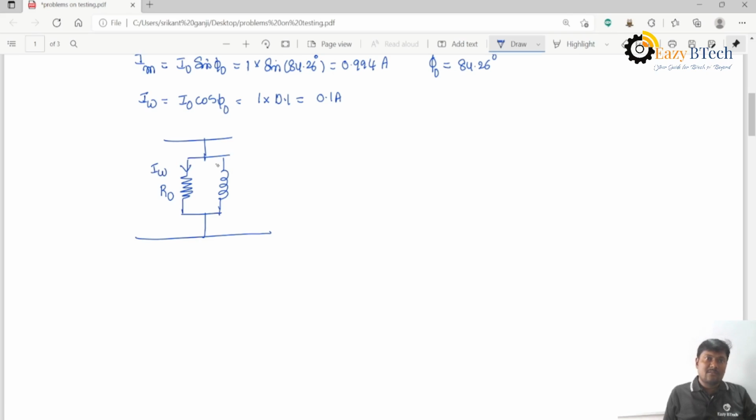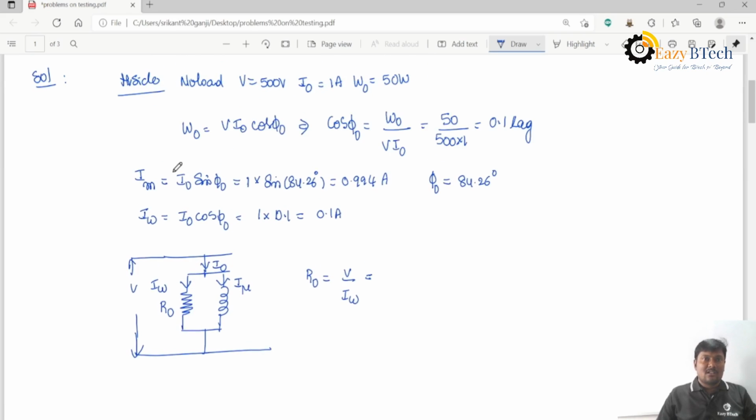This is Iw, this is Im, so I0, and the supply voltage is V. R0 is equal to V divided by Iw, so 500 divided by 0.1, that should be equal to 5000 ohms.